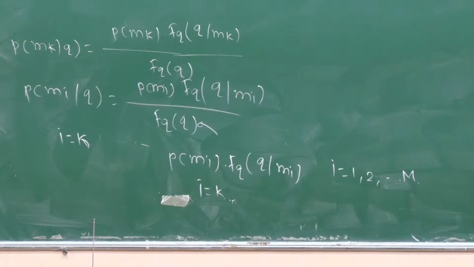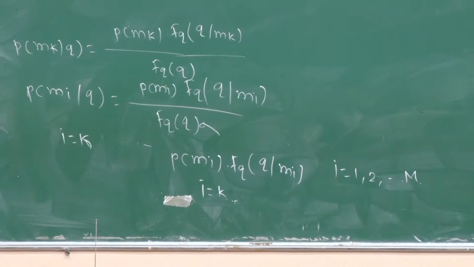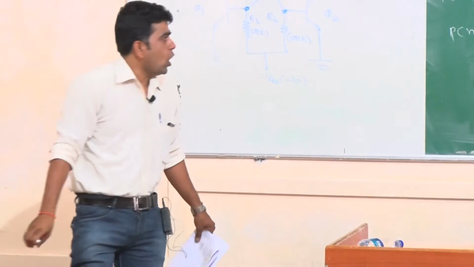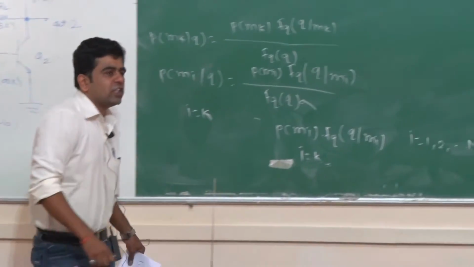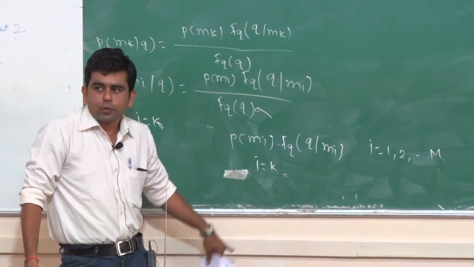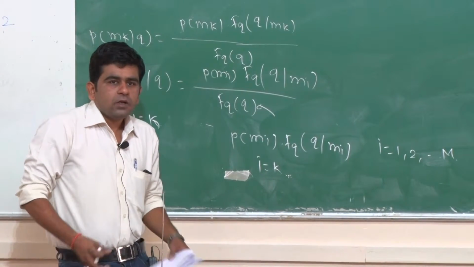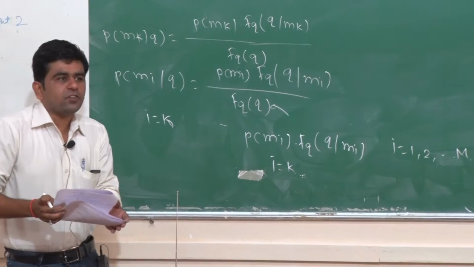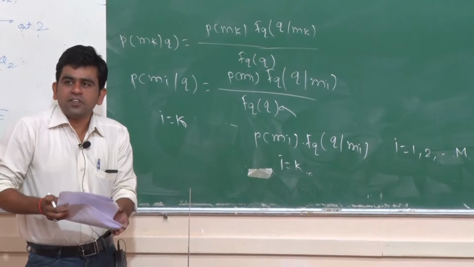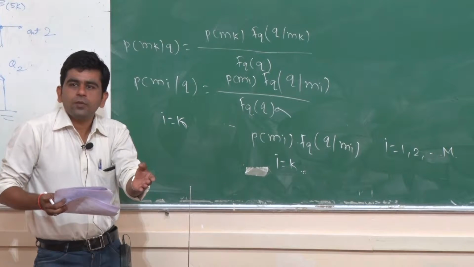Now write down computation of the decision function. Here the probability of mi is the prior probability, which is decided by the transmitter. Now I am standing at your receiver. I have to make a decision about which symbol is received by your receiver.